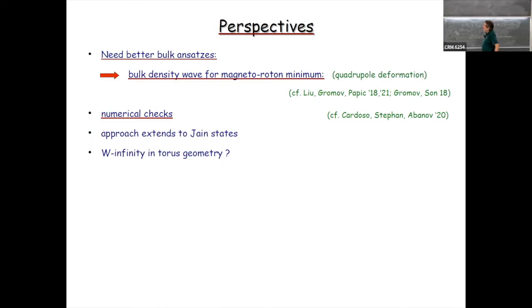Of course, these approaches tend toward the Jain states. There are also other numerical checks of what I proposed, these density profiles. And of course, if I take a torus geometry, then probably the algebra is completely different, and so I don't know what to say.